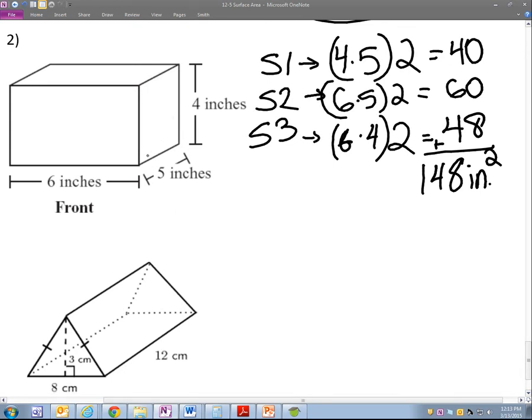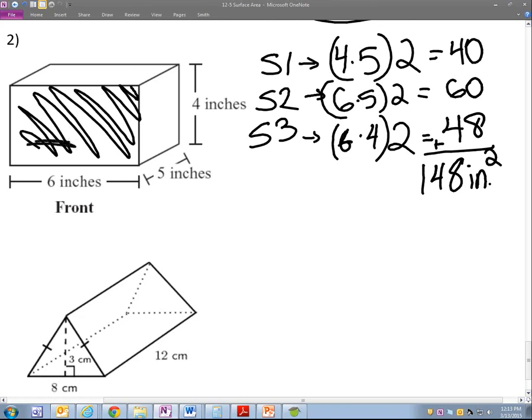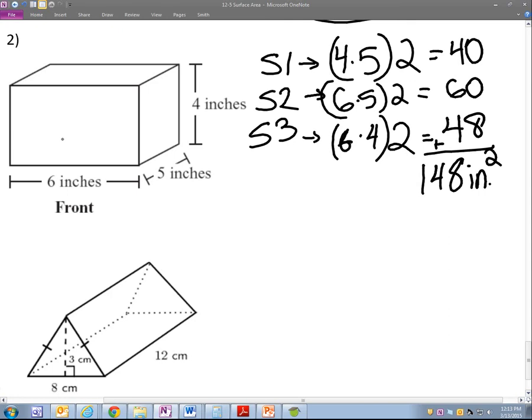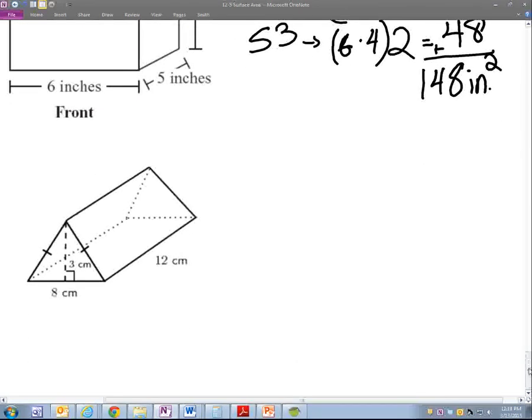This side right here is the 6 by 5. And this side right here is the 6 by 4. Okay, do you agree? Any questions on that? Yes. Okay, just a stretch. All right.